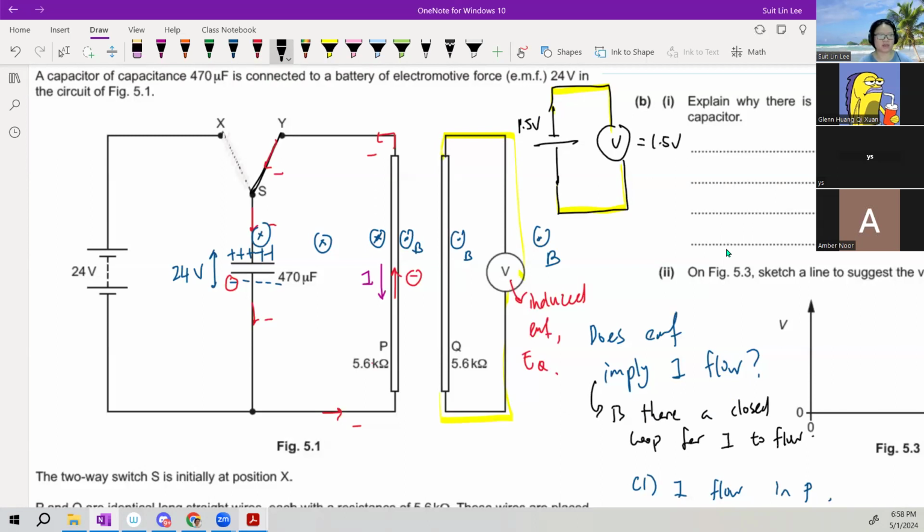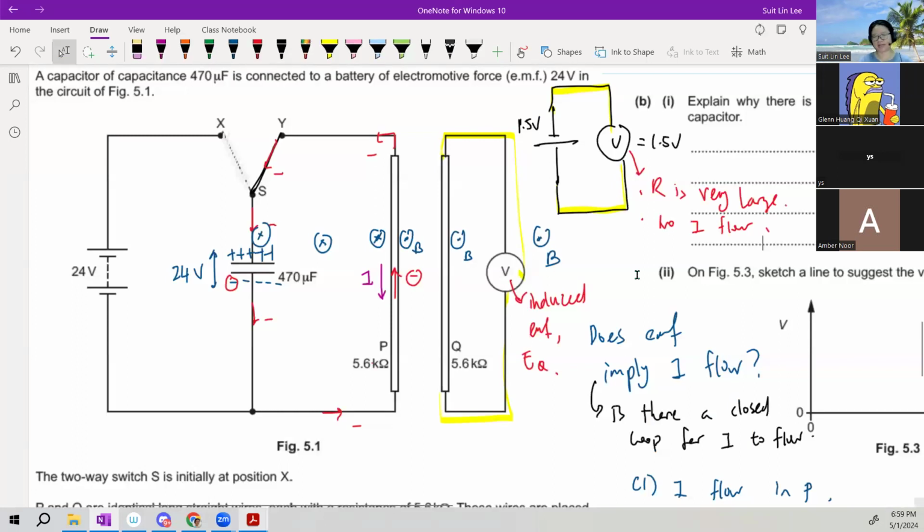You could, of course, say, isn't Q and voltmeter a closed loop? Just like isn't the battery and the voltmeter a closed loop? It is, but current still cannot flow because the voltmeter does not allow current to flow. The resistance of the voltmeter is very large. This is from Ohm's law. So no current. I can still measure the 1.5 volt, but there will be no current flow.